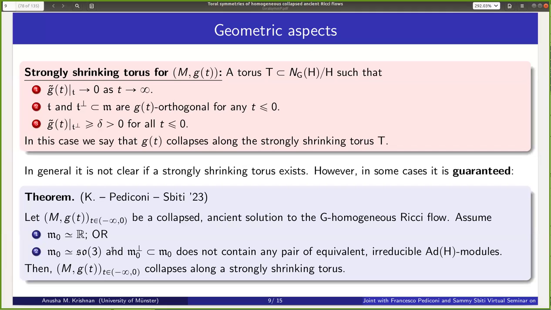So they also fall into this setup, right? In these cases, we are guaranteed a strongly shrinking torus. Okay, so much for the geometric assumptions.